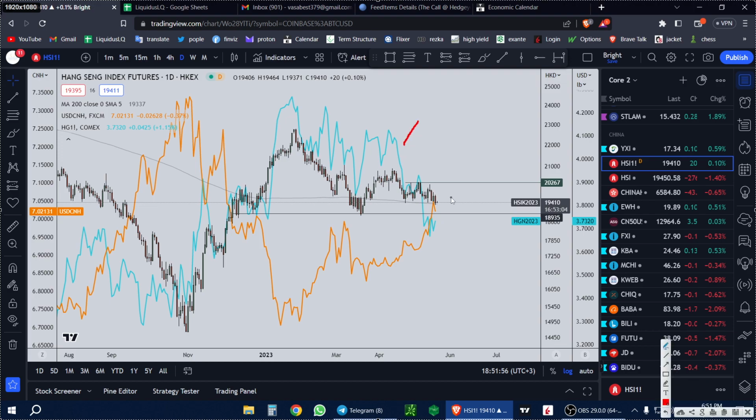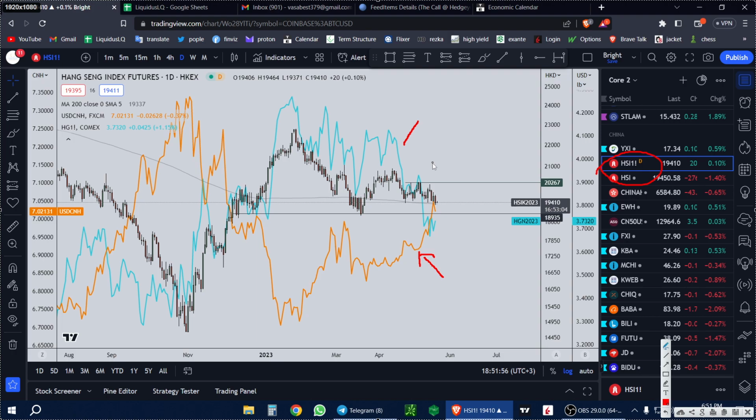Falling copper futures, falling copper prices, devaluing yuan, and we think on a secular basis, the yuan has to devalue very significantly. And this might be just a cyclical confirmation of this.